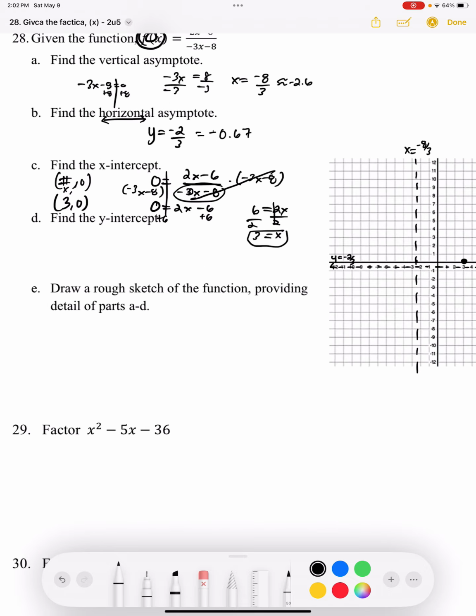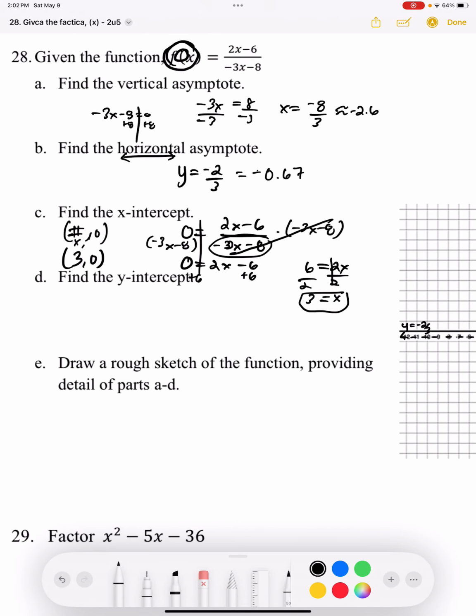There you go. For the y-intercept, the y value means that you have a 0 for x and a value for y. So that means where the x is, you got to put a 0. So we're going to put 2 times 0 minus 6, and on the bottom, -3 times 0 minus 8. The zeros are going to make that go away. So at the end, we just get -6 over -8, which 2 negatives go back to a positive.